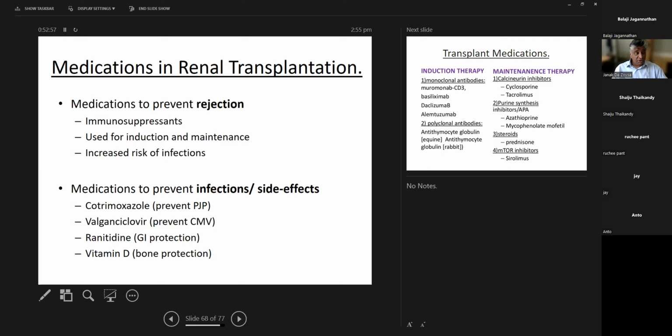And now we've moved to the prednisone, mycophenolate, calcineurin inhibitor era, as well as using induction antibody therapy. And with that, we see that 95% of transplants are functioning at 1 year.